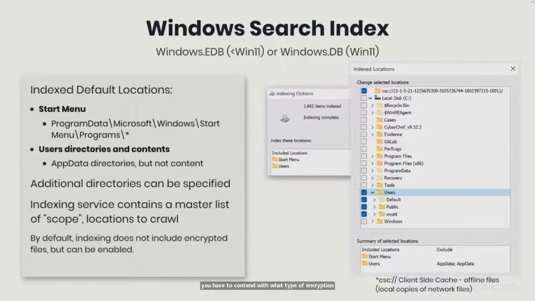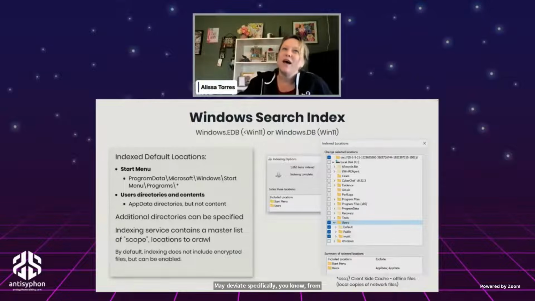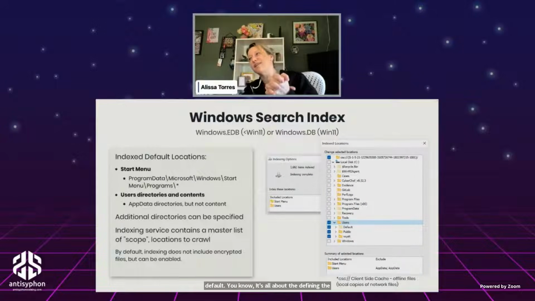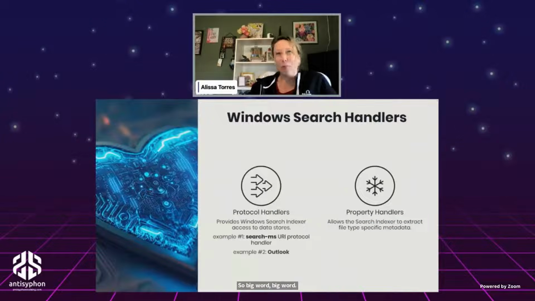So as I customize this, I did make mention of, I am well aware that enterprise environments may deviate specifically from this default. It's all about defining the scope of what your search index is going to be crawling. So big word, but the scope is important.